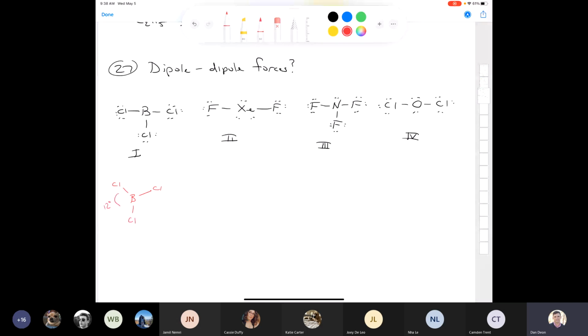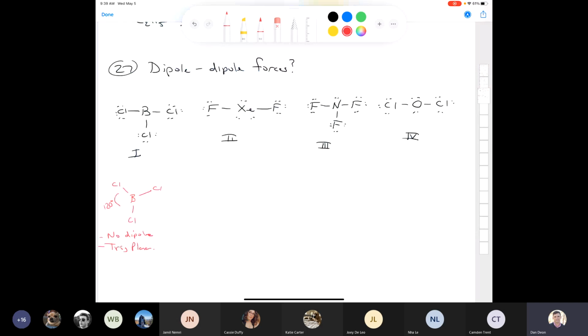All those bond angles will be 120 degrees. Are there polar bonds in the molecule? Yes, but the dipoles cancel. So there's no dipole in this molecule. This molecule is trigonal planar.